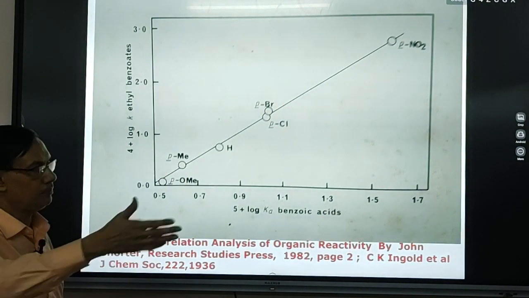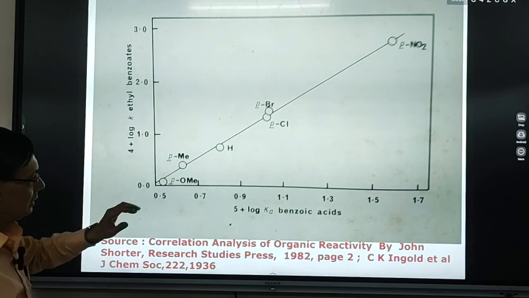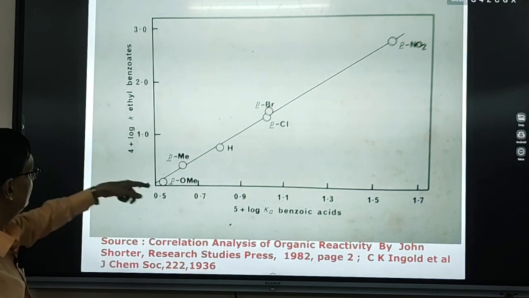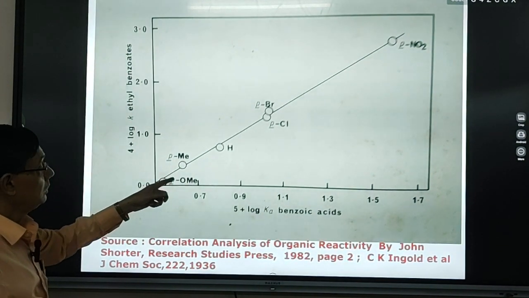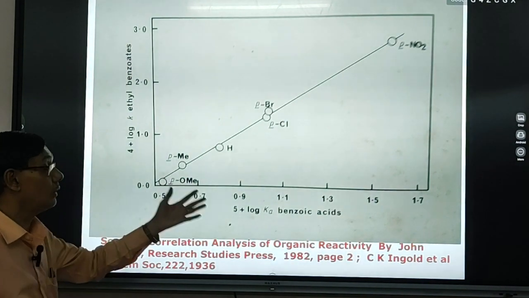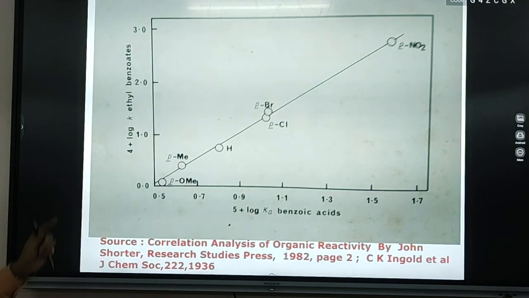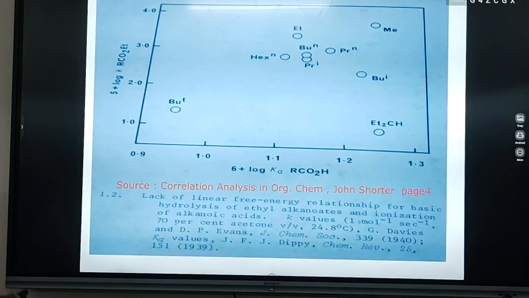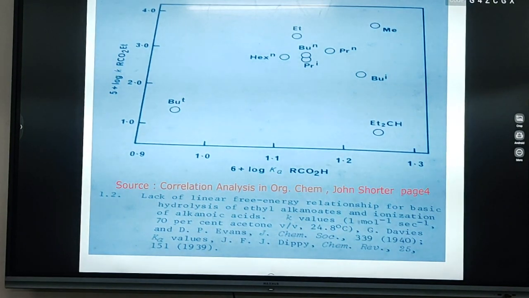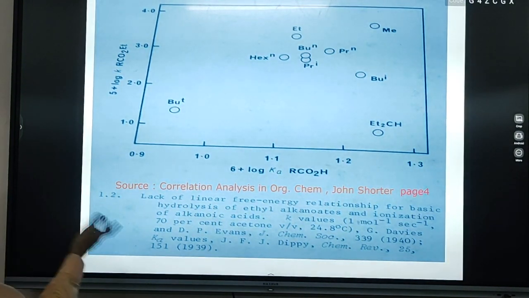Very simple, you can solve it on ordinary paper. But the thumb rule is that we must know why it is called a linear free energy relationship. Again, for the student, I must tell you another graph. I have also taken it from a book. What is the difference between the first graph and the second graph?